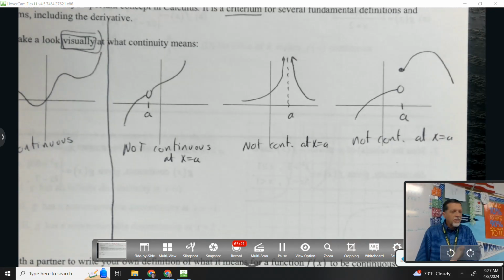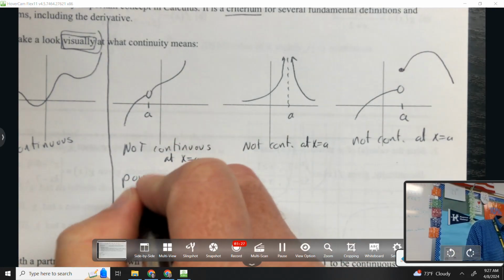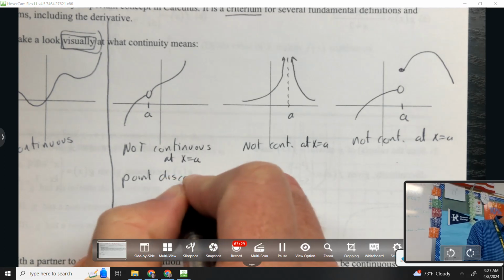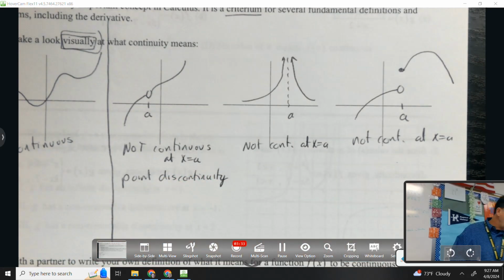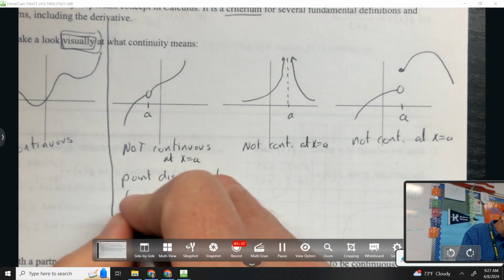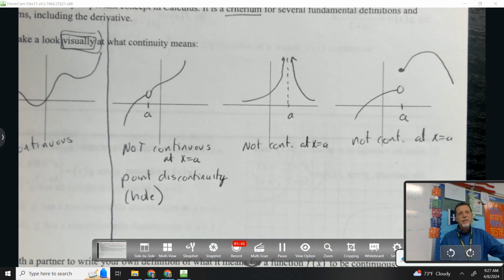Obviously, they're different types. This first one we call a point discontinuity, which is really just a fancy word for a hole. You don't need to put the fancy words on it because we're talking continuity. But a point discontinuity is the same thing as a hole.